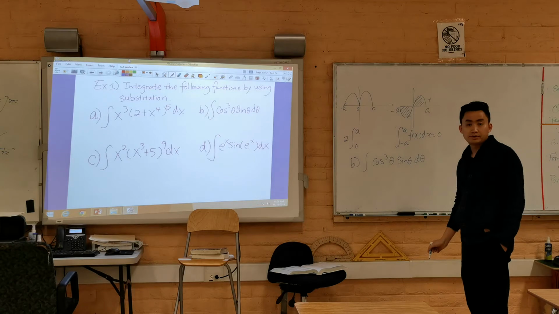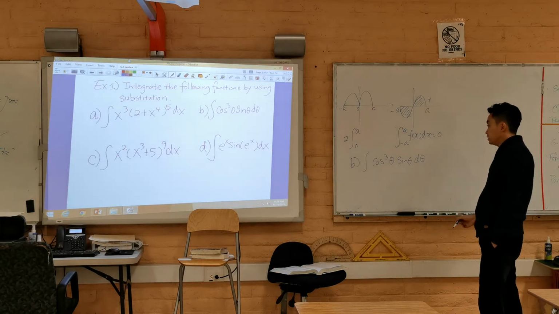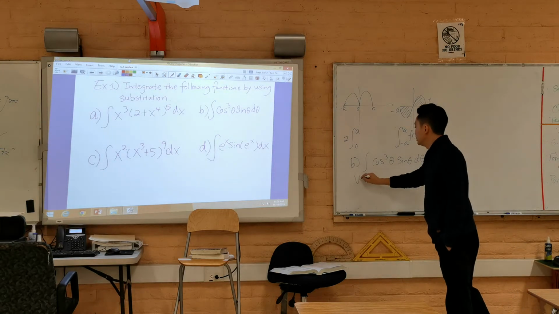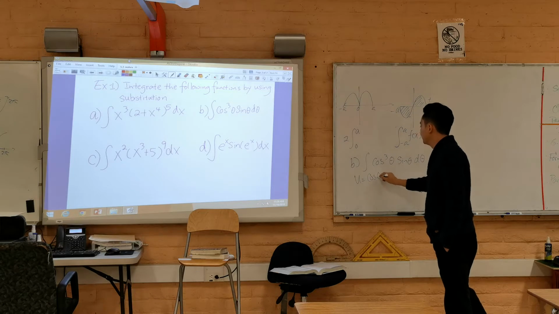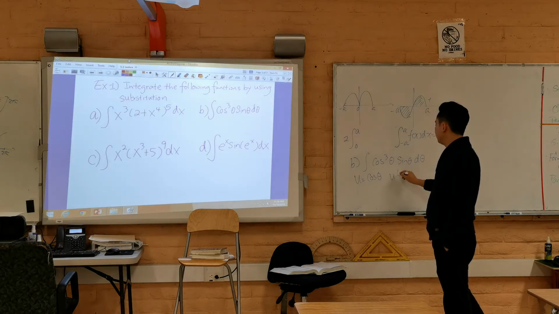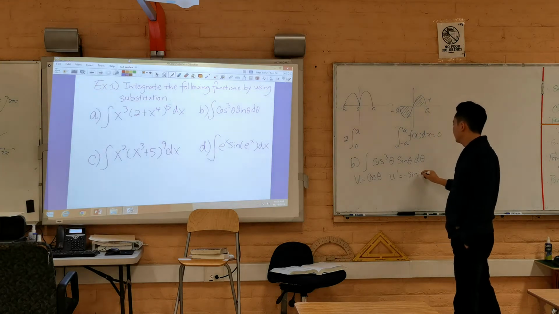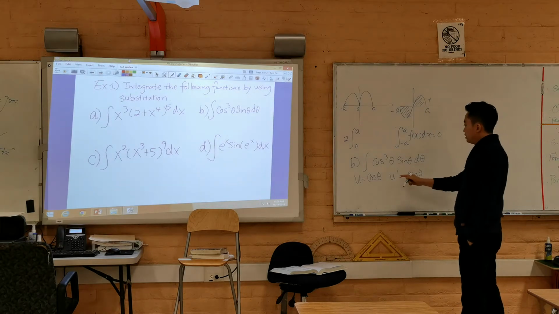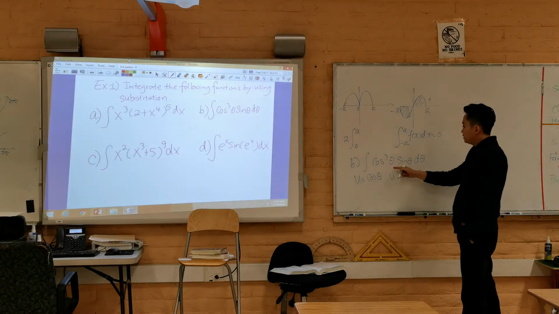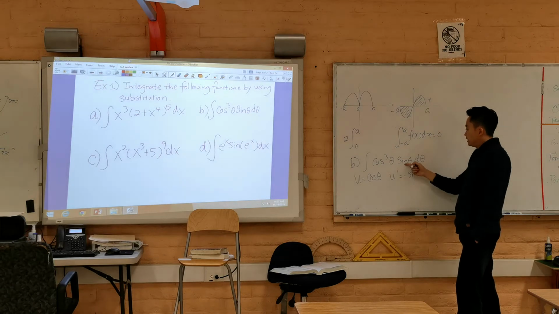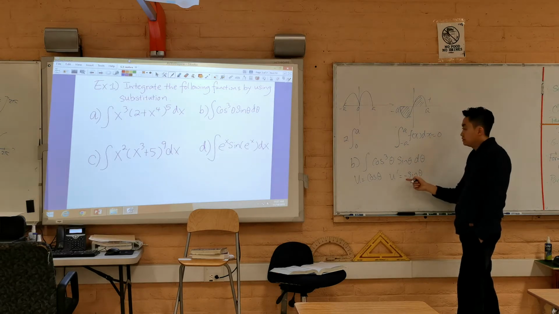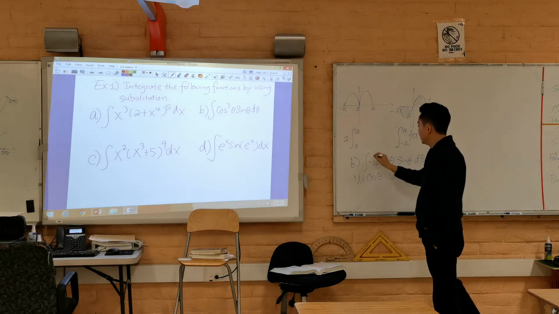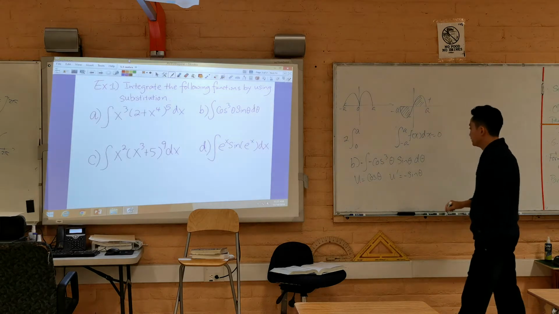Anytime you want to use substitution, u has to be the inner function. So for u, we're using cosine of theta. So u prime, we have negative sine theta. Compared to the original integrand, sine of theta is also given, but we need the negative, so we need to make up the negative sign, the negative 1, and then negative outside.